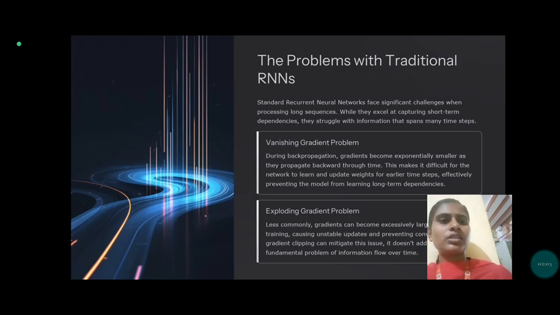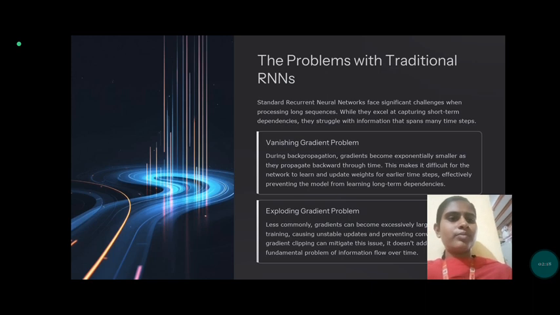Next, we are discussing the problems with traditional RNNs. Standard recurrent neural networks face significant challenges when processing long sequences. While they excel at capturing short-term dependencies, they struggle with information that spans many time steps.